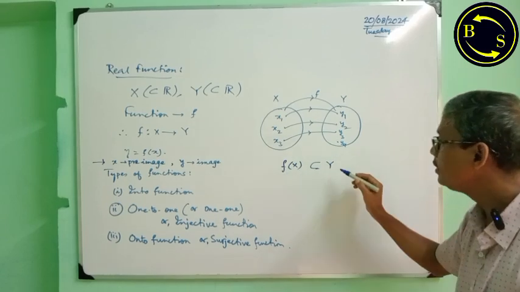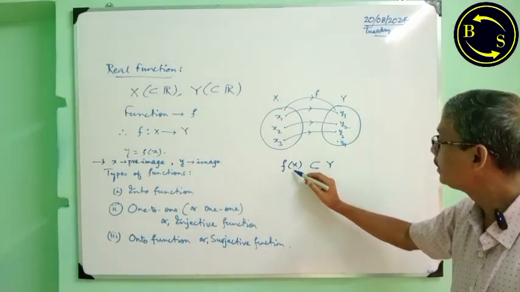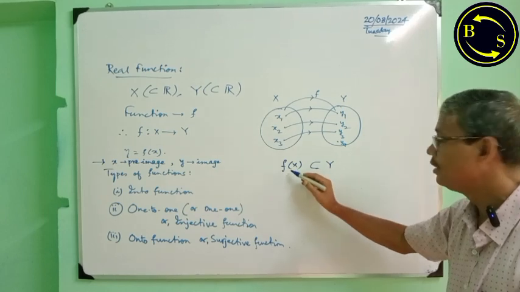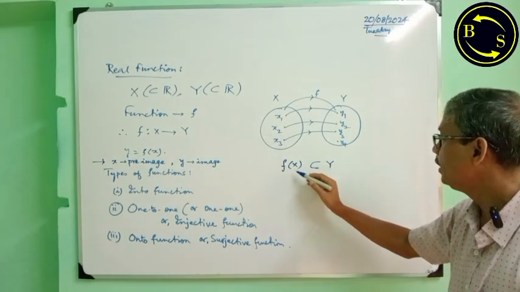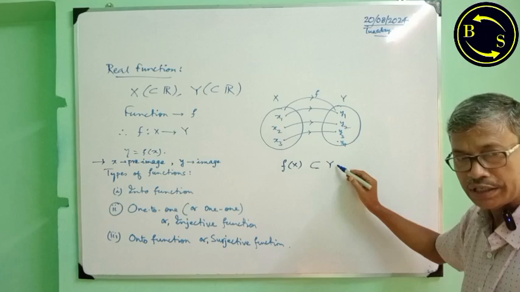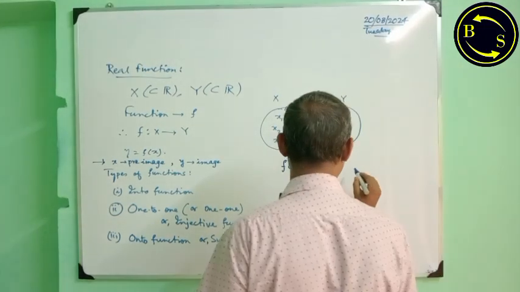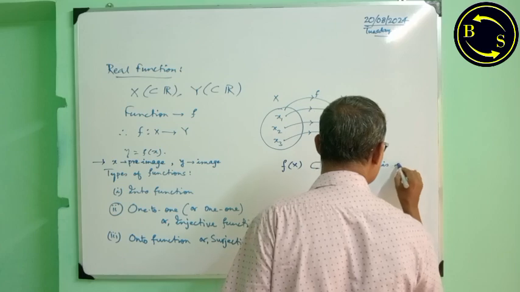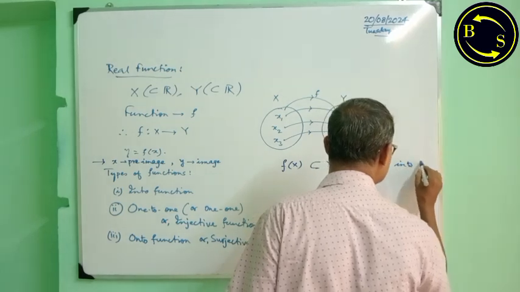And here we find f(X), that is the range of the function f, is a proper subset of Y. In this case, we call f an into function.